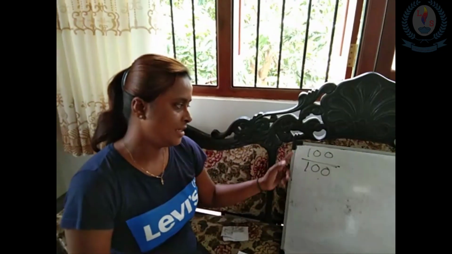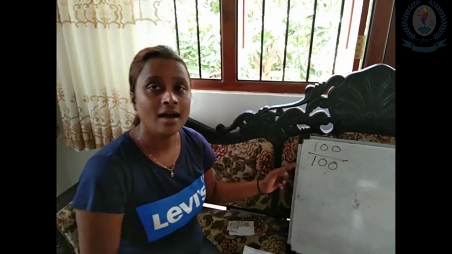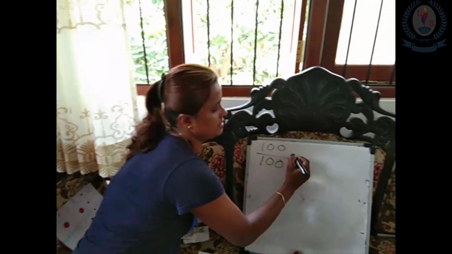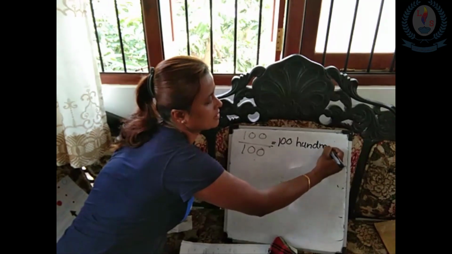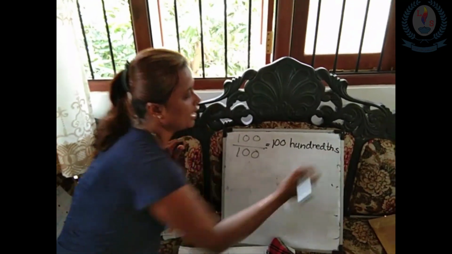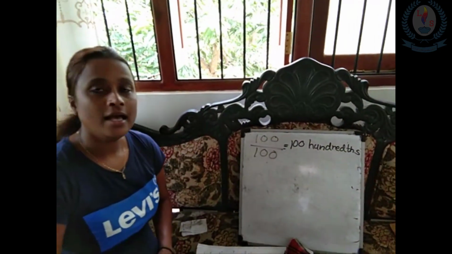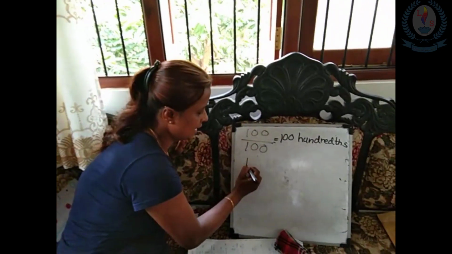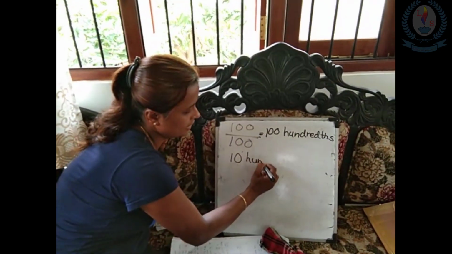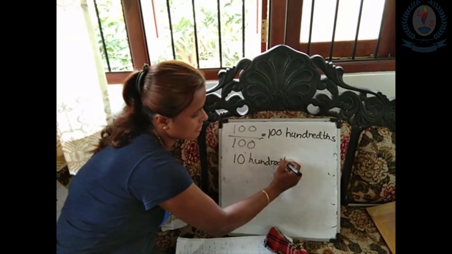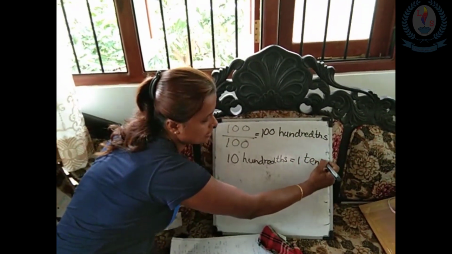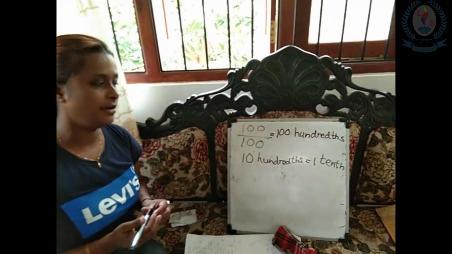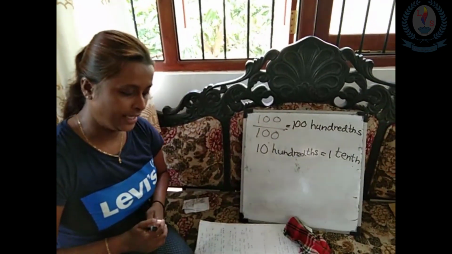Now let's write 100 hundredths as a decimal. You can remember that 10 hundredths equals 1 tenth.